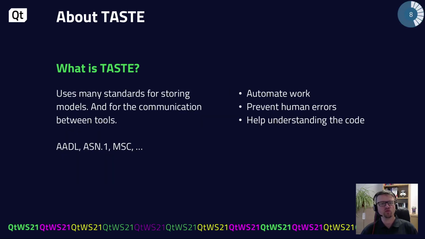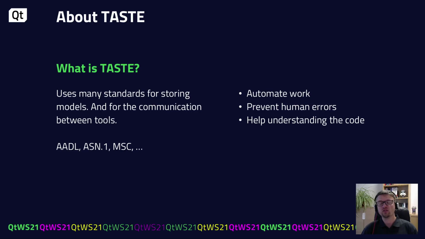I'll move on and say it uses, for all these models and for the communication between the different tools, mainly files for transferring data, using standards like AADL, ASN.1, and MSC, which is a message sequence chart. All this is to automate the work, which is mainly generating code. The reason is, of course, to prevent human errors, to do multiple checks, to make sure there are no software errors.